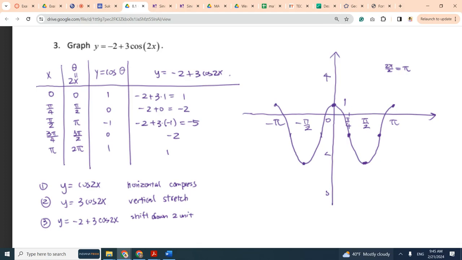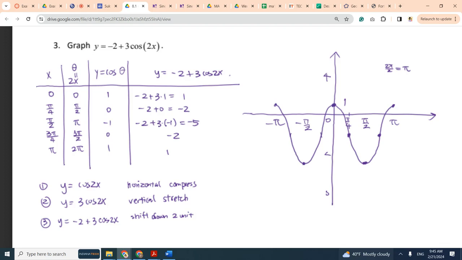You solve for x in terms of theta. Then you plug in the theta value to find the x column. Is that okay, everybody? So if you have questions or you missed the notes of last class, please watch the recording.